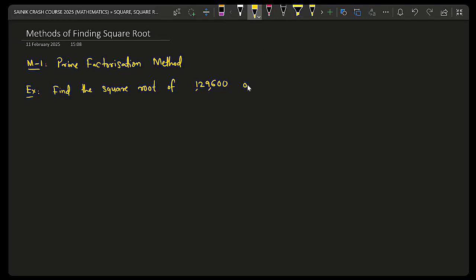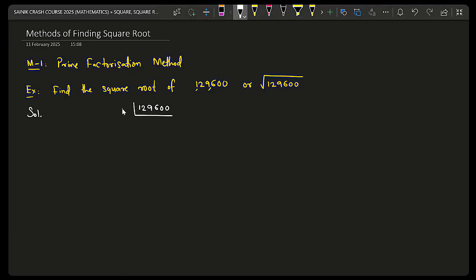Or simply they may ask what is the value of the square root of 129,600. Let's solve it using the prime factorization method. As we discussed in the number system, we can do prime factorization using the continued division method. You can take only prime numbers to divide.